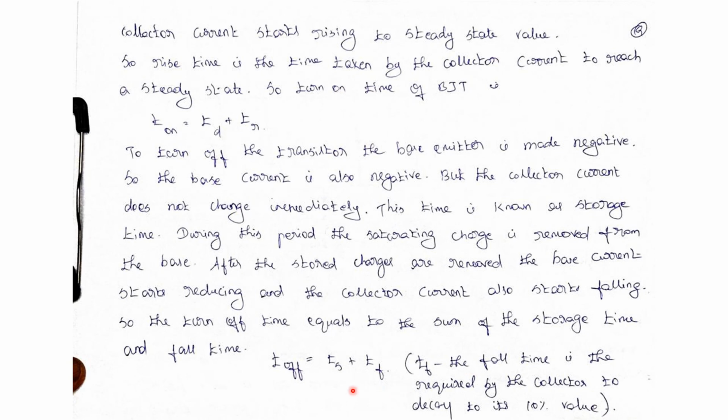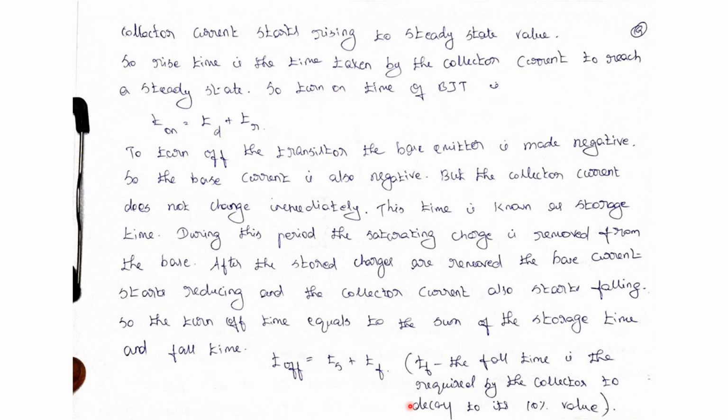Then TF is the fall time, which is required by the collector current to decay at least to 10%. That is the time required to fall the current. Is it clear? So TF should be minimum.